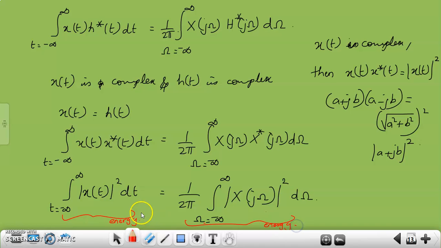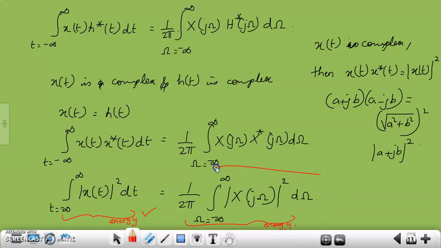That means in time domain, the energy is obtained as integral over t from minus infinity to infinity of mod x square t dt, and in frequency domain, energy is obtained as 1 by 2 pi integral over omega of mod x square j omega d omega. That means energy in time domain is the same as energy in frequency domain, and therefore the energy is conserved or preserved. That is why Parseval's theorem is known as the energy conservation theorem.